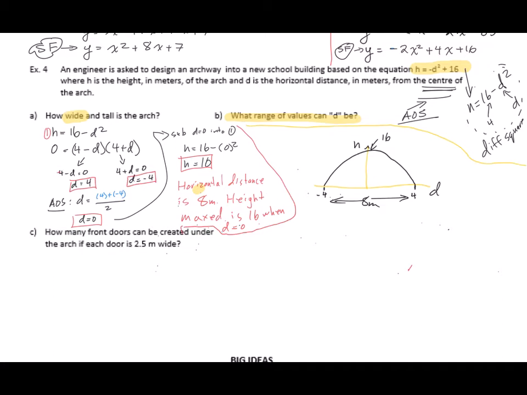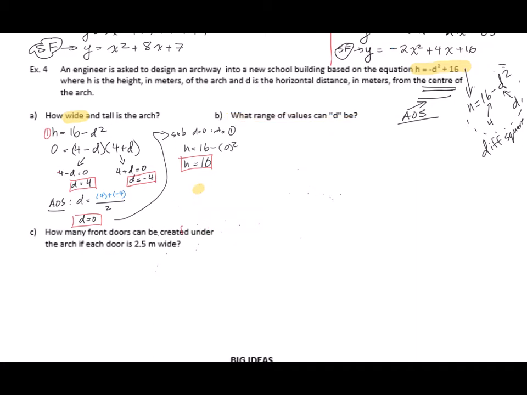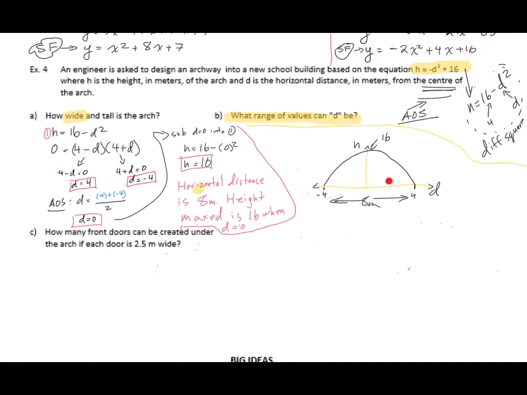Okay? So, when we're talking about the arch, if I wanted to know what values d could take, the only values that d could take are in between negative 4 and positive 4, because any other points past that mean nothing to us, because we know that from here on is the ground of our arch. Okay?